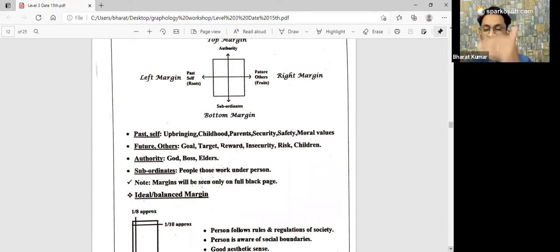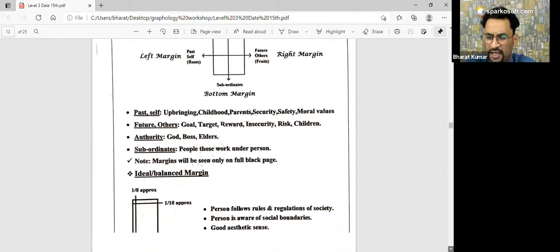And if upper margin, lower space is empty, God, boss, elder, अपने बड़ों के लिए ज़्यादा devote होगा. If lower margin, subordinate, he will be devoted to those people who work under him. Yes, there are so many samples, don't worry, check here.